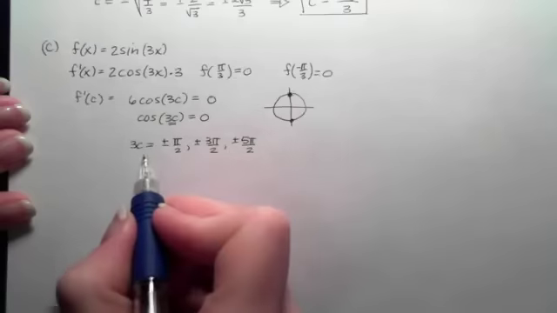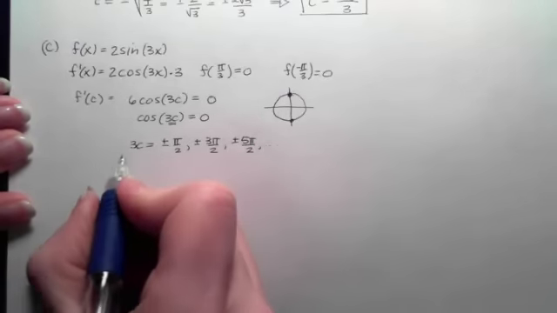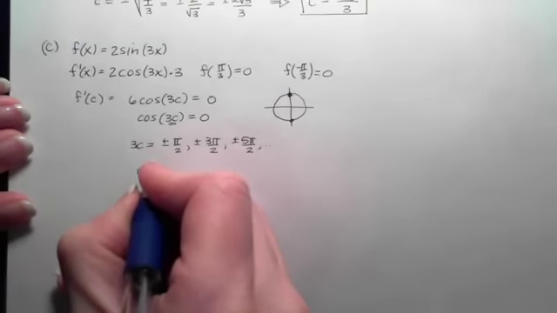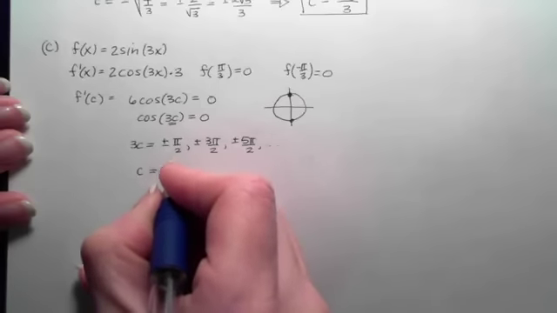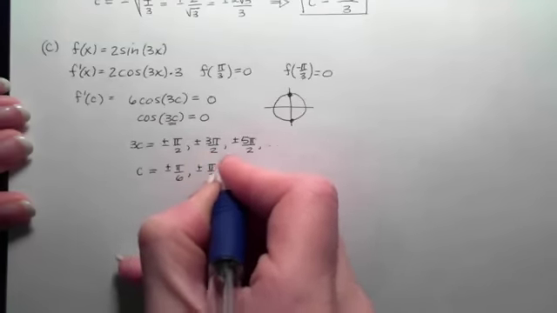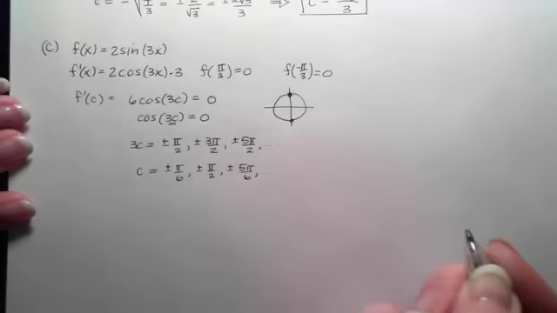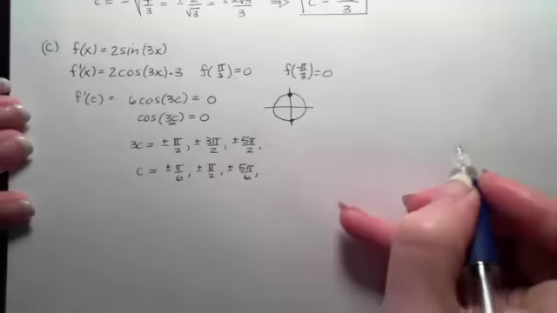So our job is to now solve for c, because this will go on and on. If I want to solve for c, that means I need to divide by 3. So I'll get c equals plus or minus pi over 6, plus or minus pi over 2, plus or minus 5 pi over 6, etc. Now, there are an infinite number of these.